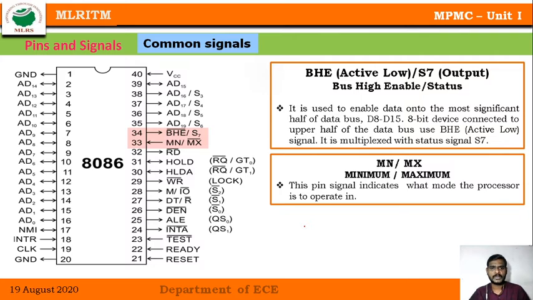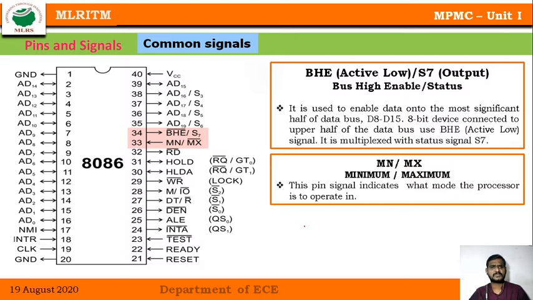Pin number 33 is called MN/MX bar. This pin indicates whether my processor is working in the minimum mode or the maximum mode configuration.